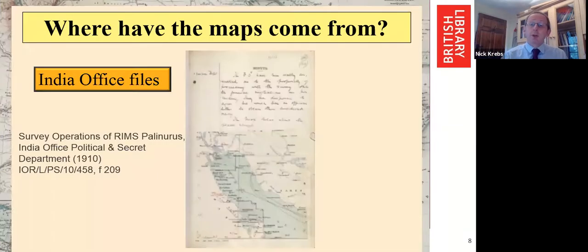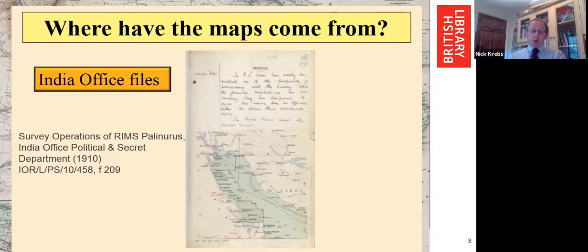So, looking in a little bit more detail about where the maps have come from. Some of them are found within the India Office files. This particular one comes from the files from the Political and Secret Department of the India Office from 1910. This is a file on the ship Royal Indian Marine Service Palinurus.